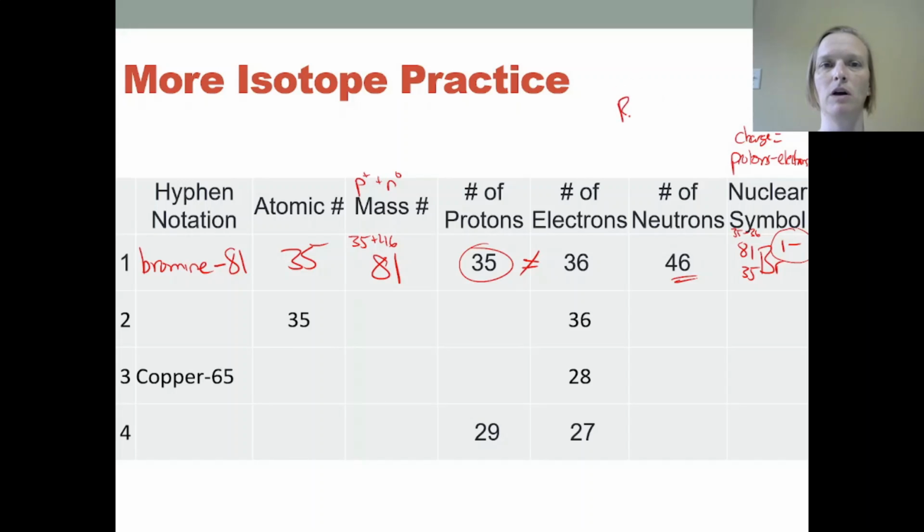I'm not going to mark it wrong if you write bromine with a -1 charge like that. Another thing you will often see is not writing the number 1 at all, but just writing a negative sign. And so I would accept any of those on a test, but just so you know that these all mean the same thing.